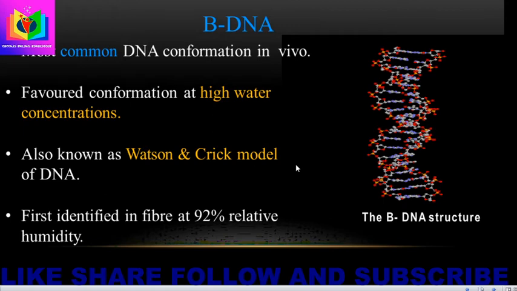Then bDNA, the most common DNA conformation in vivo. This is the most commonly available form of DNA. In human beings also we have bDNA. It is the favored conformation at high water concentration.